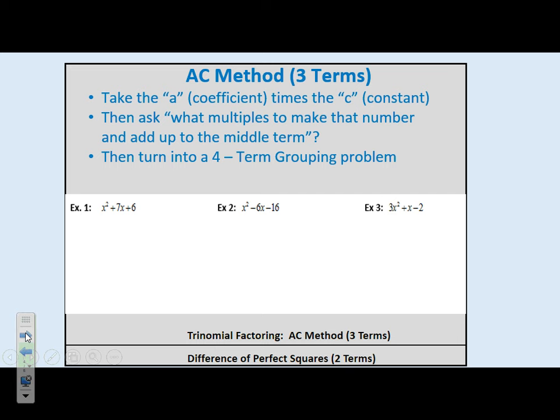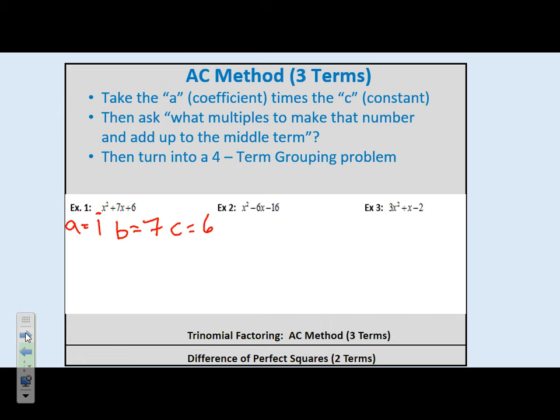First thing I like to do with all of these, you guys, is I like to say what my A, B, and C are. My A is what's in front here, so my A is going to equal 1. My B is going to equal 7, that's my middle term, and my C equals 6. Once I get this far, I'm going to set up my AC method.